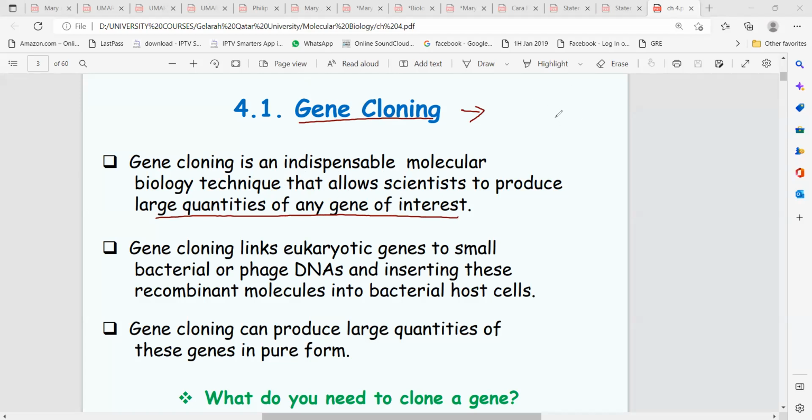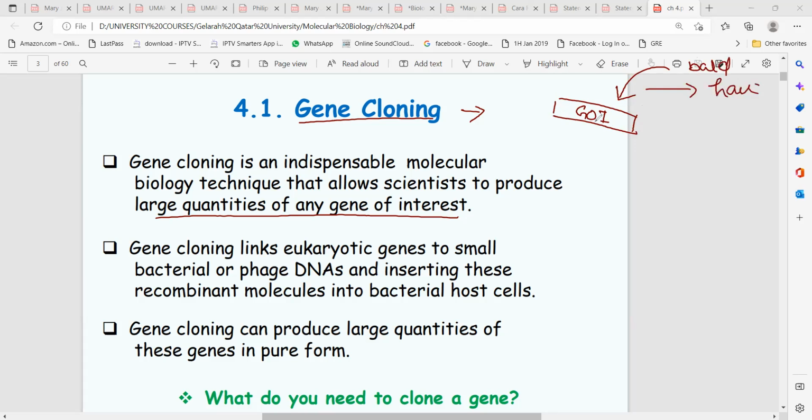How do you produce that large quantity? You take a gene of interest, which we write as GOI. Gene of interest can be for any feature. Let's say someone is bald and needs to grow hair.